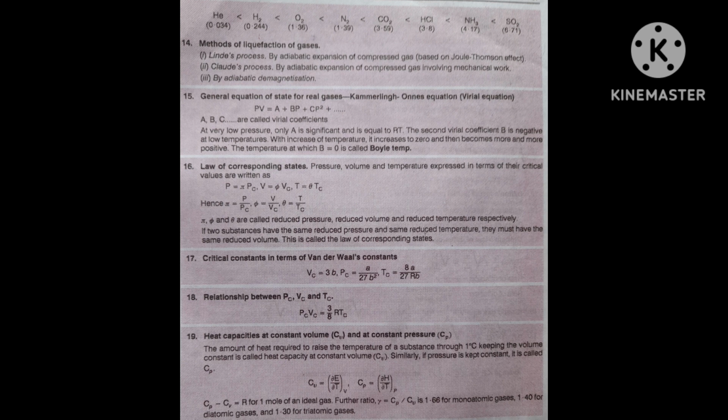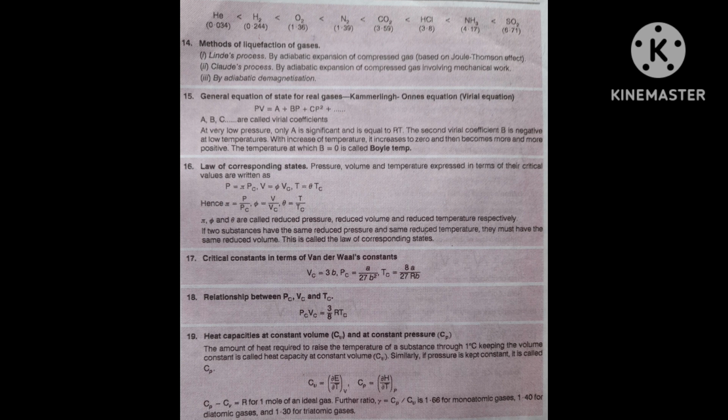The temperature at which B is equal to 0 is called Boyle temperature. You remember, correct? With increase of temperature, it goes from negative to 0 and then becomes more and more positive. The temperature at which B is equal to 0 is called Boyle temperature.